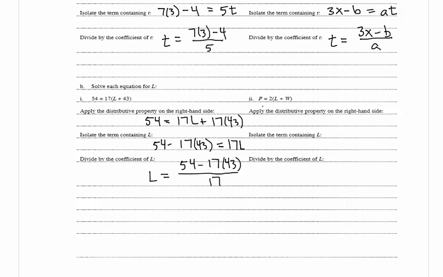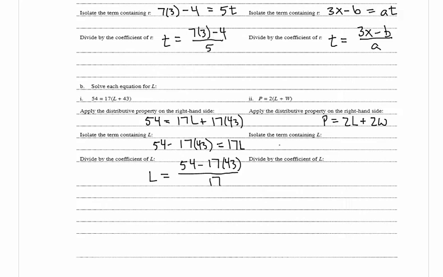And now in 2, we have P is equal to 2 times L plus W. So we're in the same form as we were for number 1. So the first thing we're going to do is apply the distributive property. So we have P is equal to 2 times L is 2L plus 2 times W, or 2W.